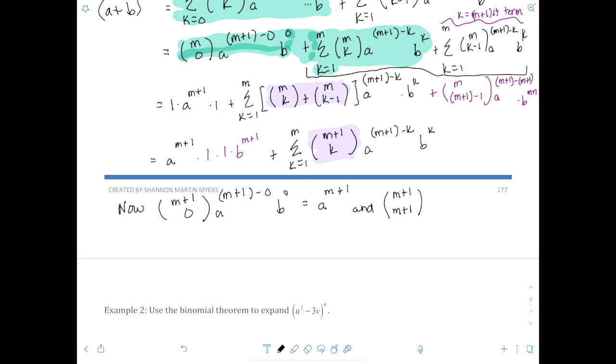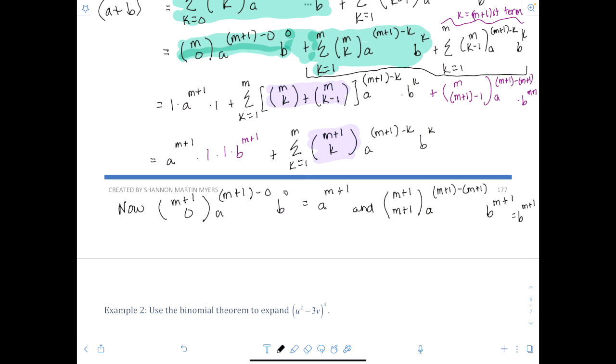If I now let k equal that m plus first term of a to the, that'd be m plus 1 minus m plus 1 times b to the m plus 1 is just going to be b to the m plus 1.